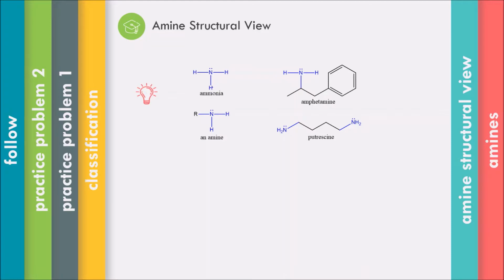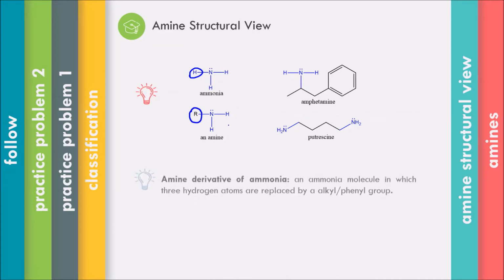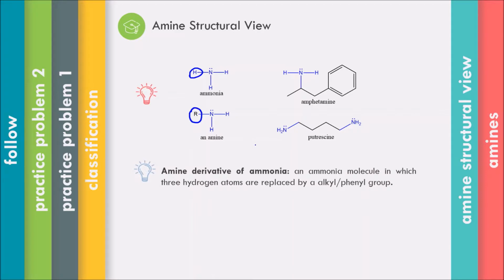Now the difference between ammonia and amine is that one hydrogen, this one, has been replaced by an alkyl group. That's why we call amine a derivative of ammonia. The reason being that it's not just this hydrogen which could be replaced, but any one or all of those hydrogens could be replaced as well.